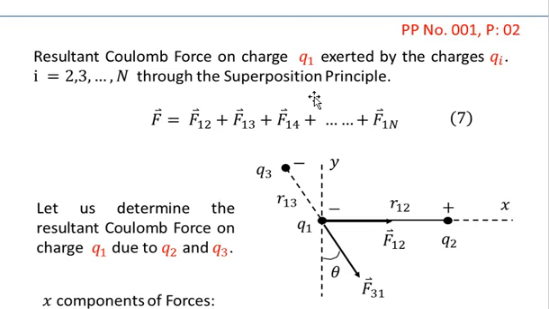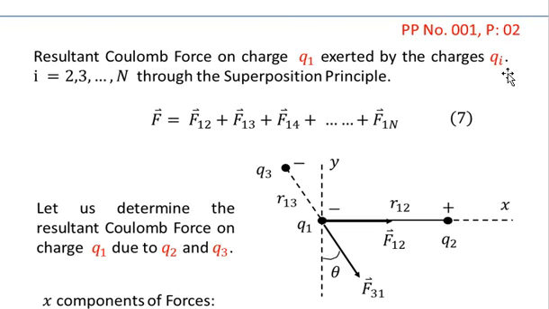Suppose that in some location there are n charges, Q1, Q2, Q3, and so on up to Qn, which is simply represented by Qi, where i varies from 1 to capital N. And suppose that we want to determine the force on charge Q1 due to all the charges present there, that is, due to the charges Q2, Q3, Q4, and so on up to Qn. Then you know that we need to apply the superposition principle.